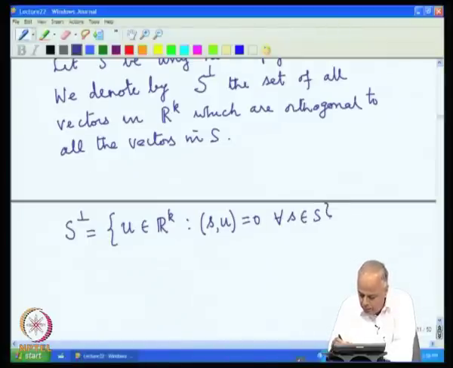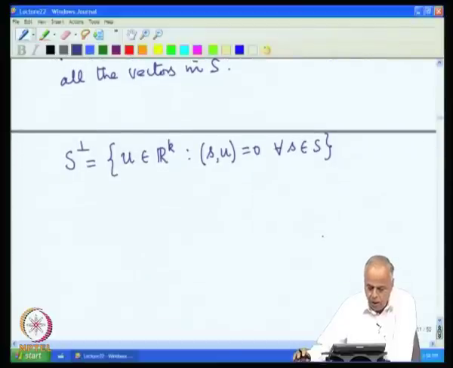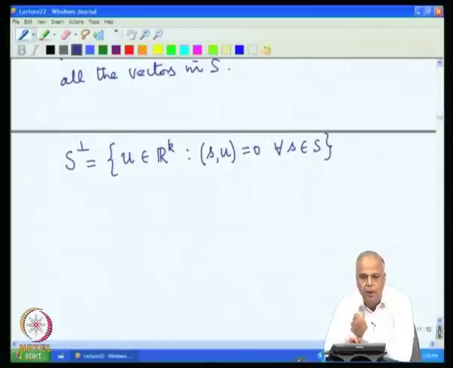So, it is the set of all u in R^k such that the inner product of s and u is 0 for every s in S. This is the collection of all the vectors which are perpendicular to every one of the vectors in S.